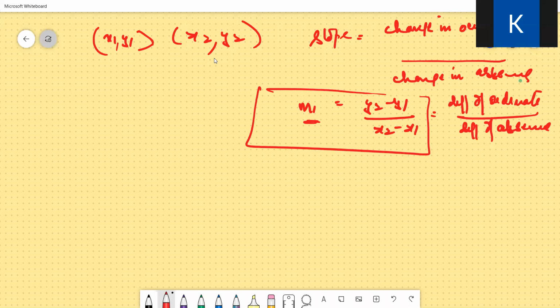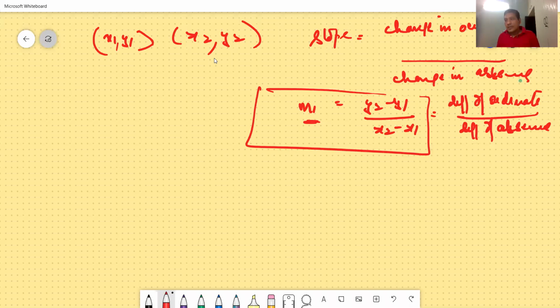Is it clear to everyone so far? That's the easiest way of finding the slope of a line: (y2 minus y1) upon (x2 minus x1). When the two passing points of a line are known, we can immediately find its slope. There is no problem taking y2 and y1 differently. You can take any point as (x1, y1) and any other as (x2, y2).